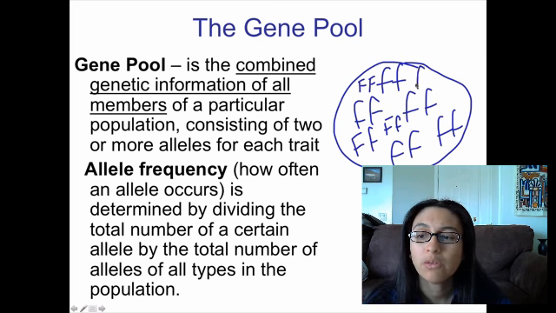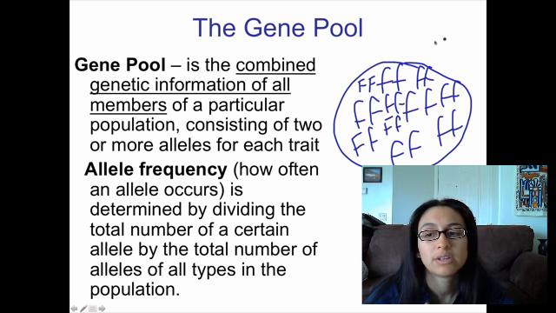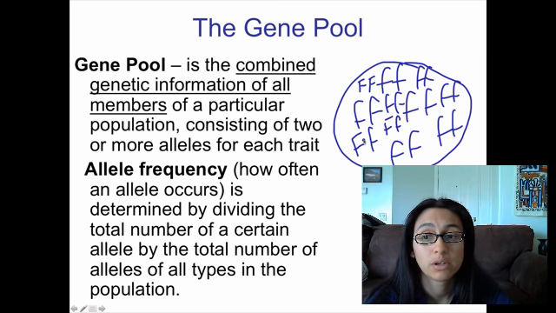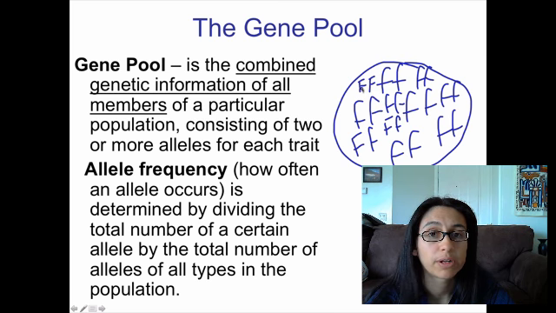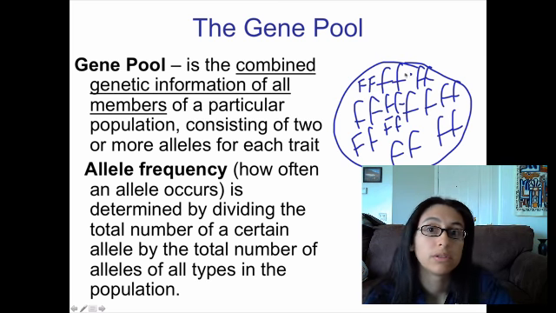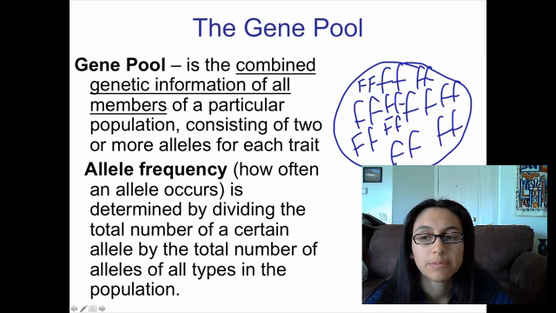But if we look at the overall gene pool, we can see that there are a lot more alleles for no freckles, the little f, and very few alleles for freckles, big F. So this is the gene pool in this case for the freckle gene. The allele frequency is how often an allele occurs.